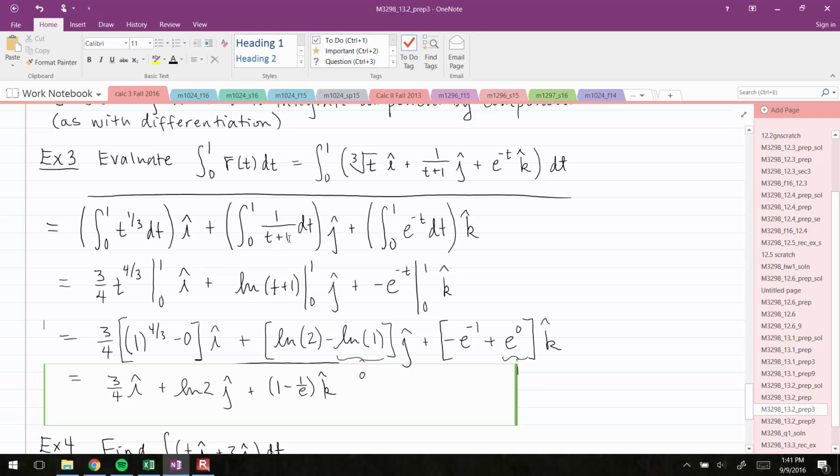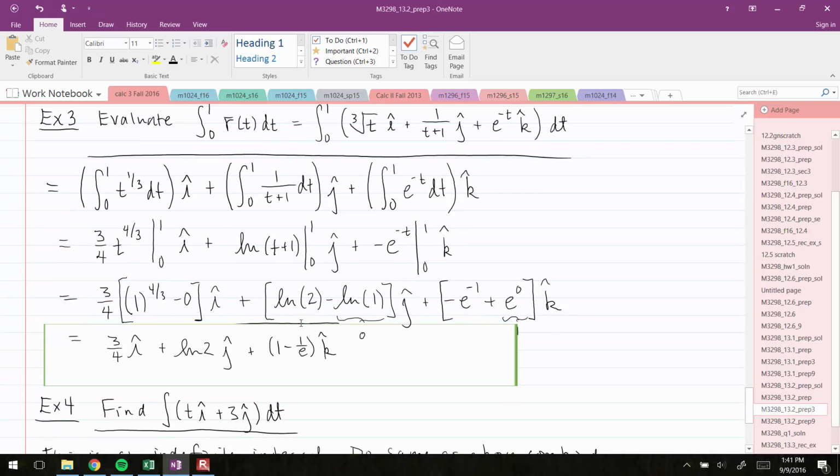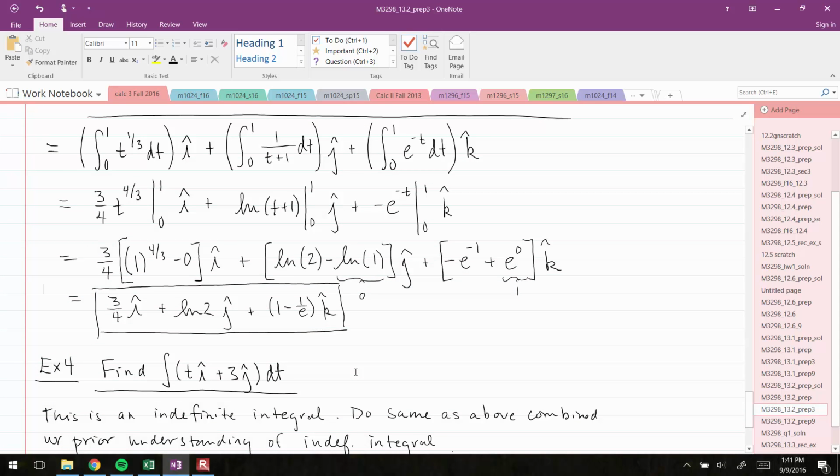And e to the negative t, the integral of that is negative e to the negative t. Plug it in, do the work there, and we get our integral. So that was a definite integral where we have little numbers next to the integral sign.